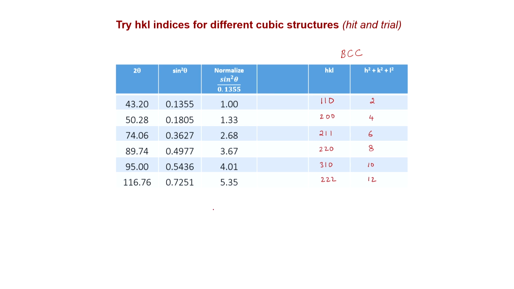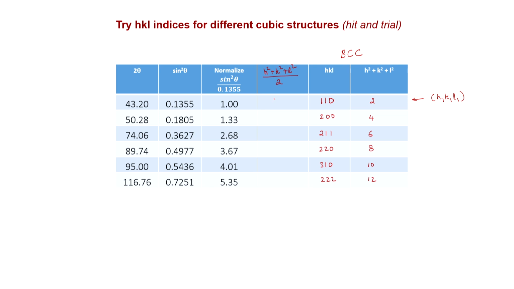Now, I take the ratio of h square plus k square plus l square divided by the reflecting plane H1, K1, L1, which is 110. So, 110 means I am dividing everything by 2, the sum of h square plus k square plus l square value.